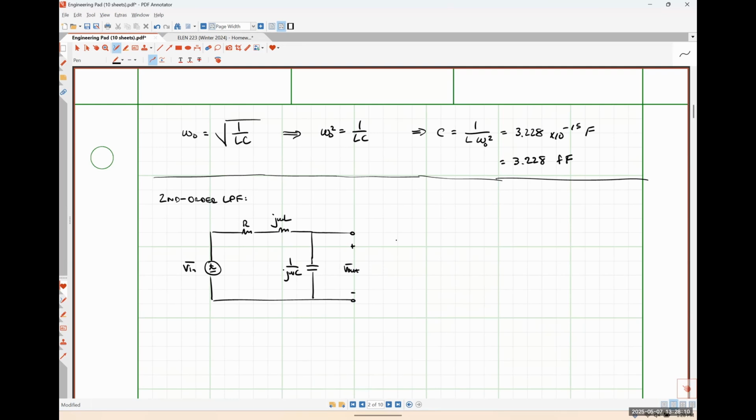So we could find that our transfer function for this particular circuit with a little bit of algebraic manipulation comes out to be omega squared LC over omega squared LC minus 1 minus j omega RC.